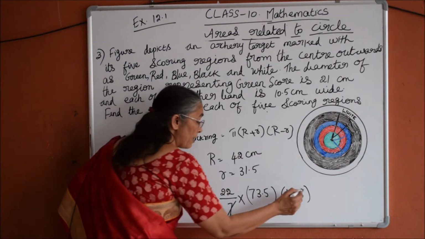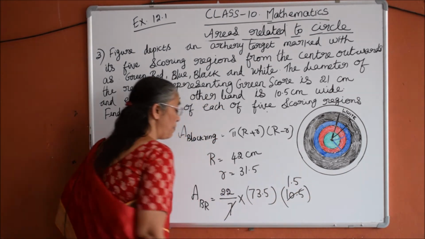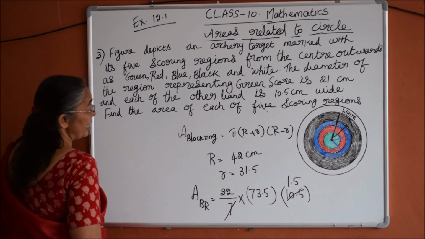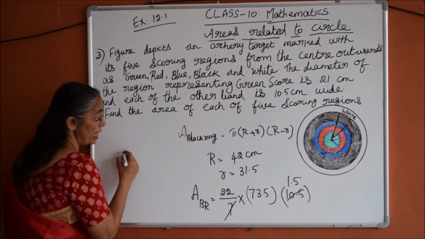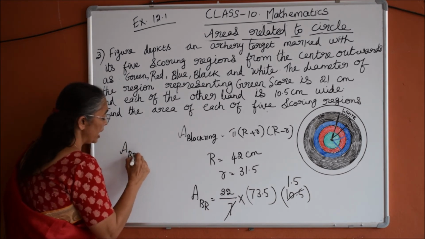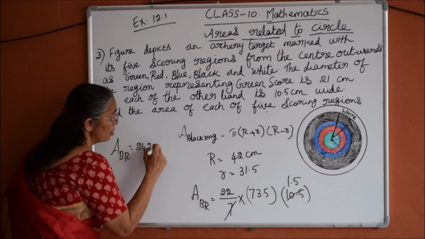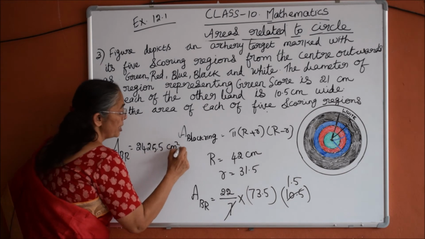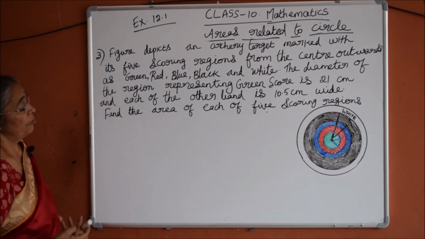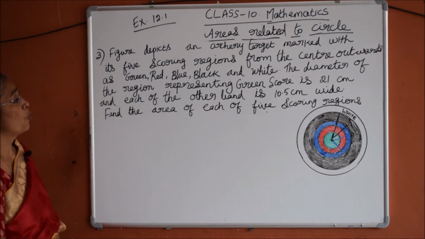Now as usual 7 and 10.5 cancel for 1.5. Multiply 22 into 73.5 into 1.5, and you will get the area of the black region: 2425.5 centimeters square.